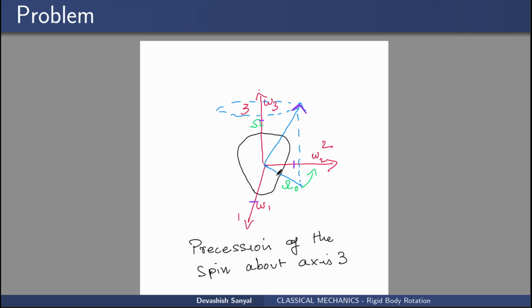This is my omega naught, the projection of this angular frequency on the 1-2 plane. So omega naught square plus omega square, square root of that, is my total angular frequency magnitude, which is independent of time.